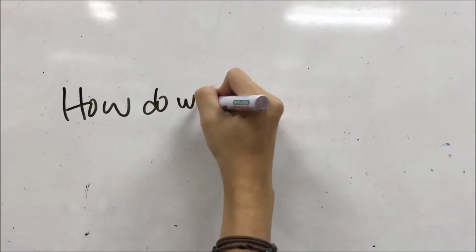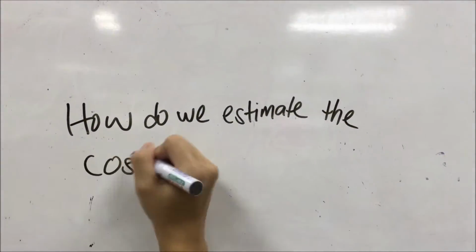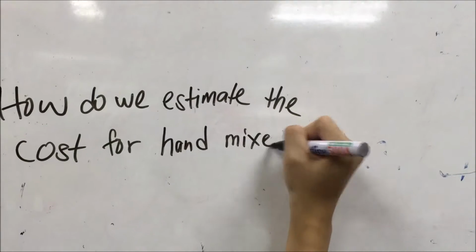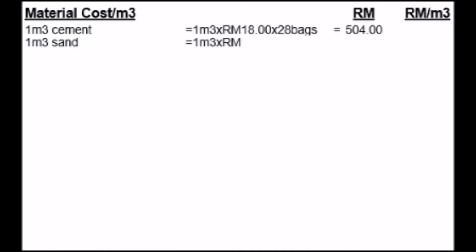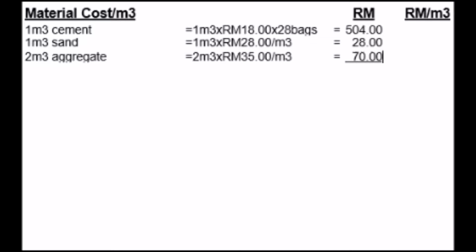So, how do we estimate the cost for hand mixed concrete? First of all, for the material cost, we require 1 meter cube of cement, which is 18 ringgit per bag, multiplied by 28 bags. 1 meter cube of sand, which is 28 ringgit per meter cube, and also we require 2 meter cube of aggregate, which is 35 ringgit per meter cube.